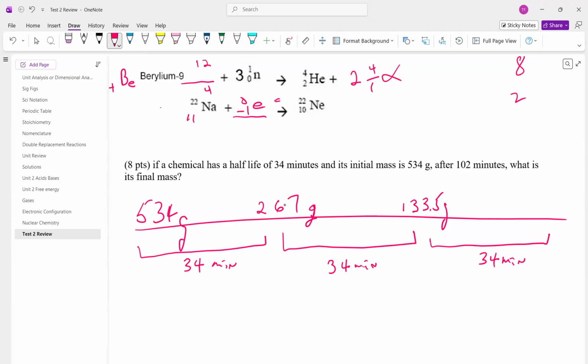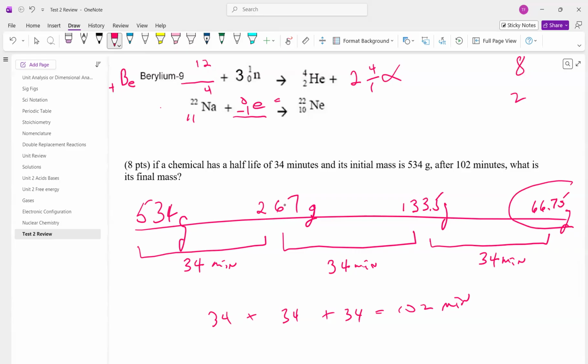And then half of that is what? 75? So that's the final mass. 34 plus 34 plus 34 is 102. Okay, is everyone okay with the graphic method?